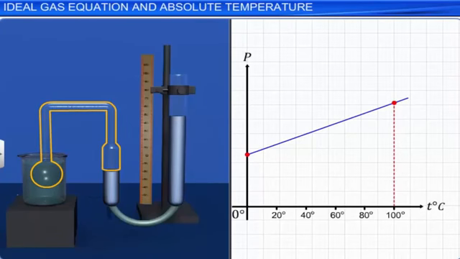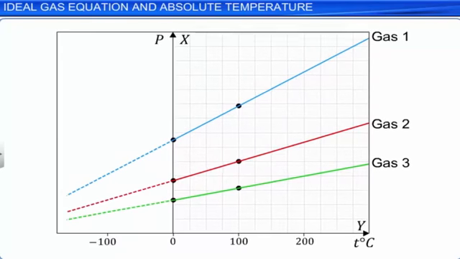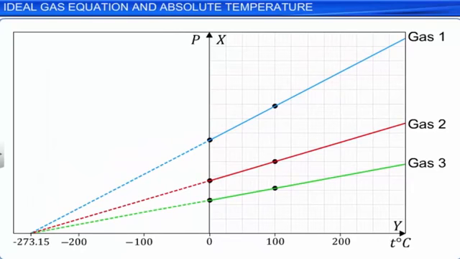If the density of the gas is low, the graph will be a perfect straight line for all gases over a large temperature range. Let's look at the pressure-temperature graph for different gases at low density. When extended towards negative temperatures, all these straight lines meet at a point represented by the temperature minus 273.15 degrees centigrade.